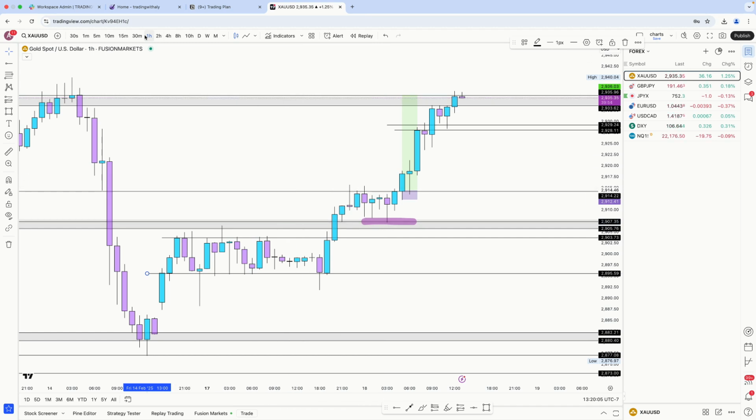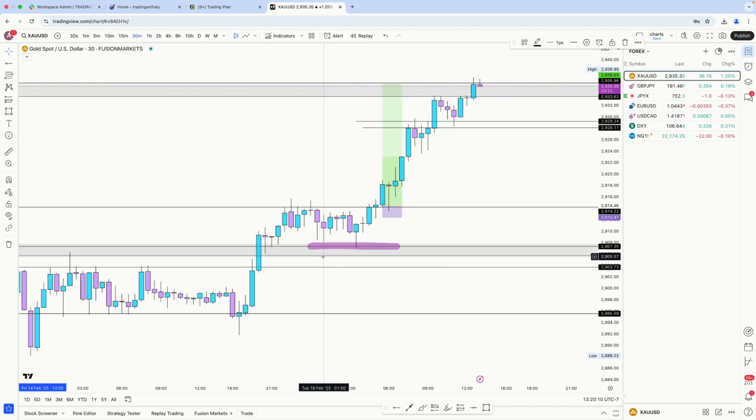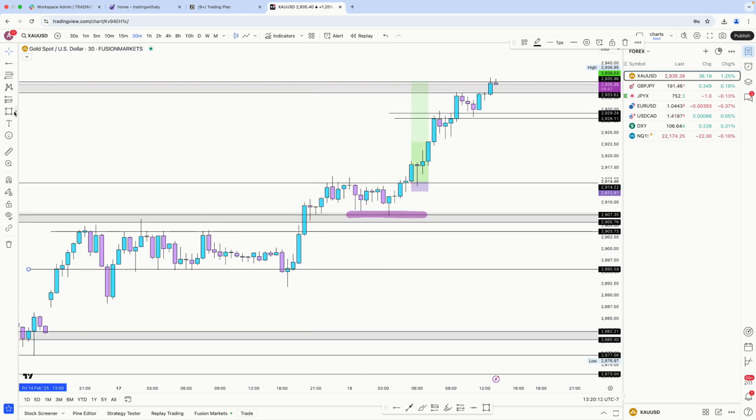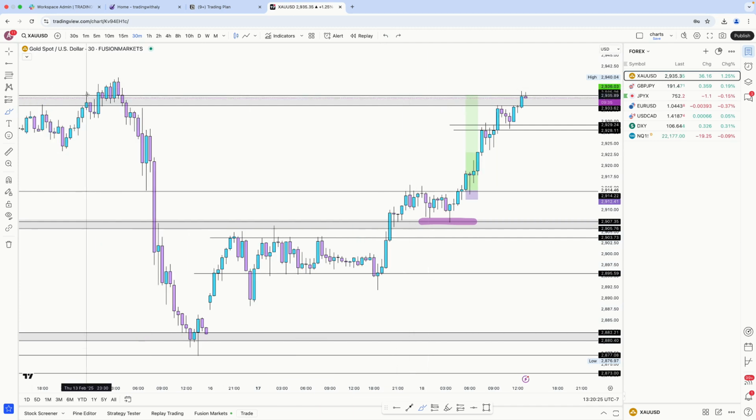A couple of my members took this trade right at 908 and it was so perfect. One of my members was actually looking for a sell, which she honestly wasn't wrong, because it could fill this section and then could fill this gap down here. But when price is close to major structure, it's usually going to fill that first.